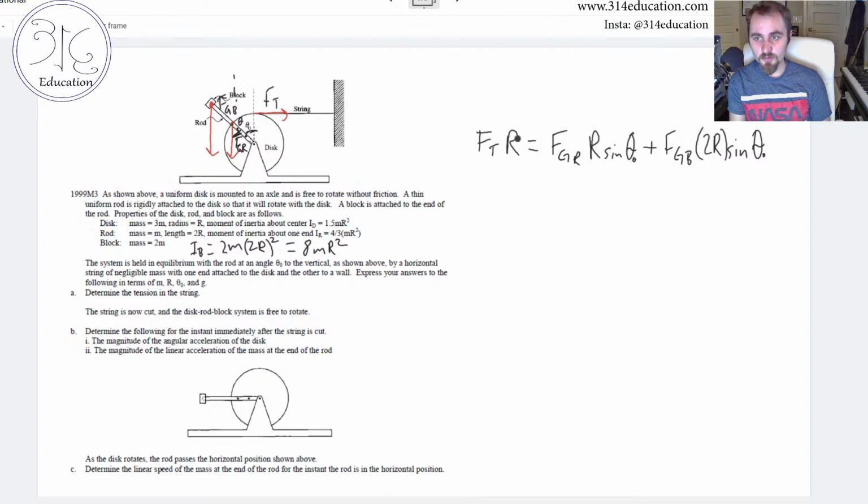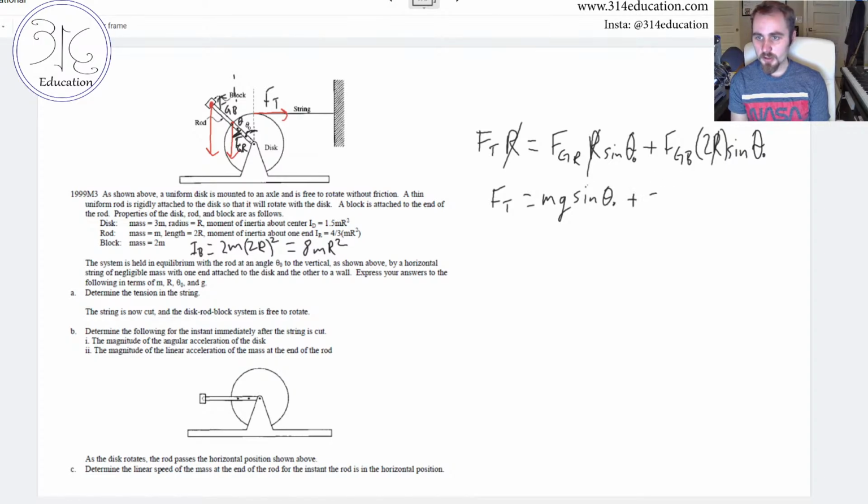And so we want to determine the tension in the string. So we divide both sides by r. That actually gives us the tension on its own here. That being said, we do want this in terms of m and g. So let's get our forces of gravity nicely ordered up. And so we've got FGR is 1m. So that's just mg. Sorry, the mass of the rod is 1m. So FGR is just mg sine theta naught.